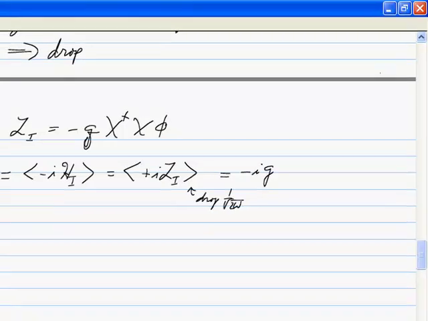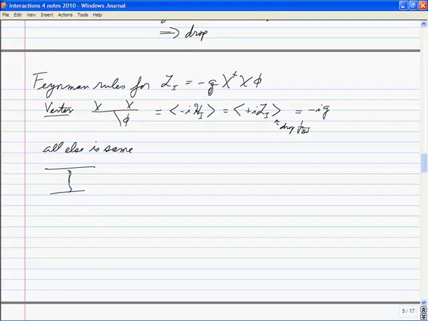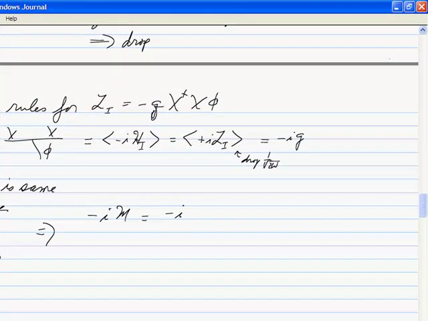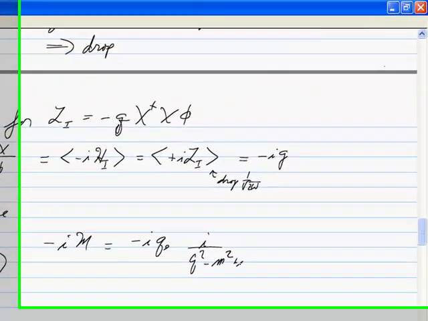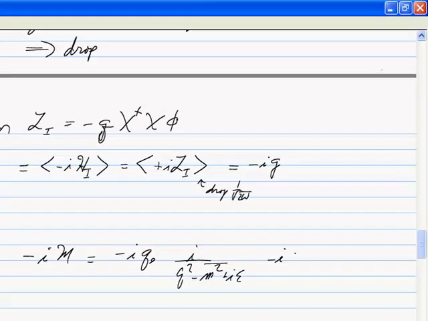Okay, so let's just remind you what we did before we did the chi. It was chi E, chi P, chi P. This is minus iM, which was minus iQ E, i over Q squared minus M squared plus i epsilon, minus iQ P. Okay, so that's just the same old rules.